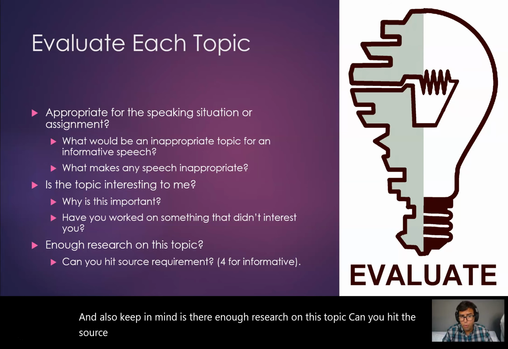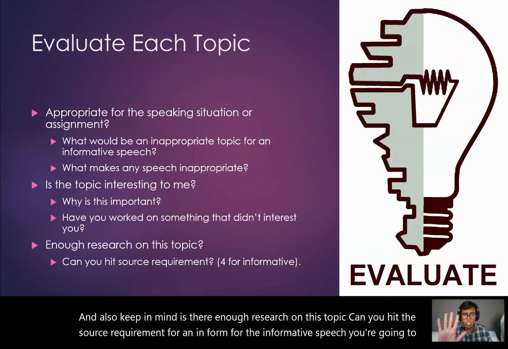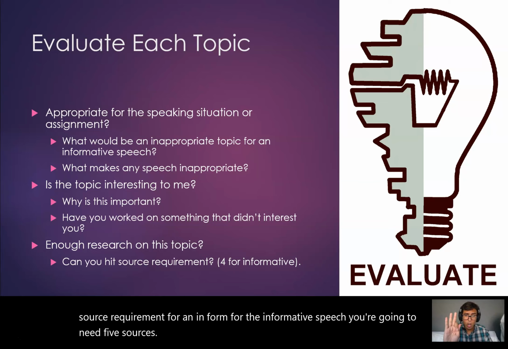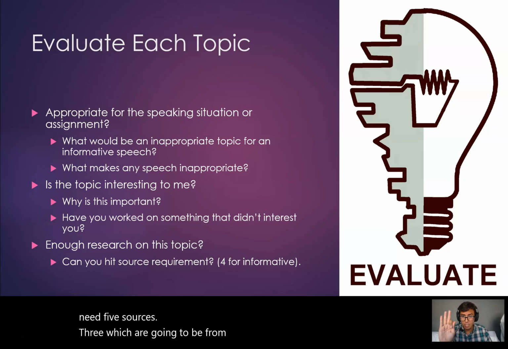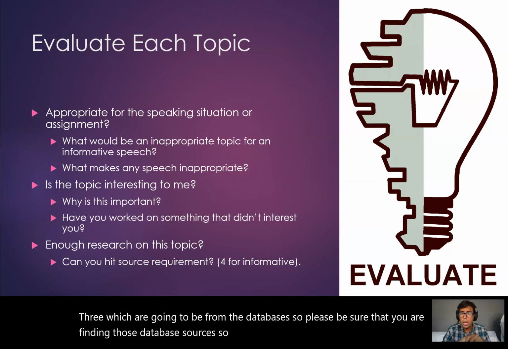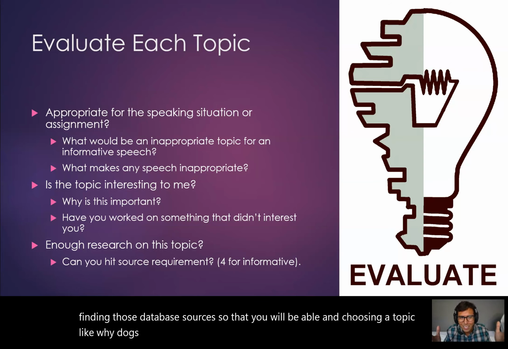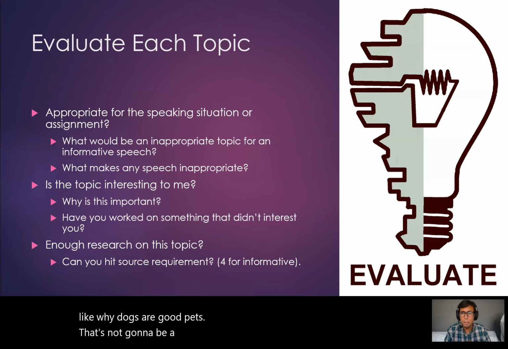For the informative speech, you're going to need 5 sources, 3 of which are going to be from the databases. So please be sure that you are finding those database sources. Choosing a topic like why dogs are good pets is not going to be a good speech topic, because there's not going to be enough research on it.